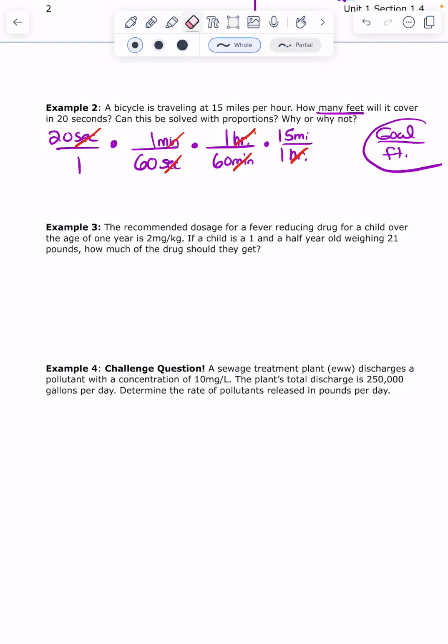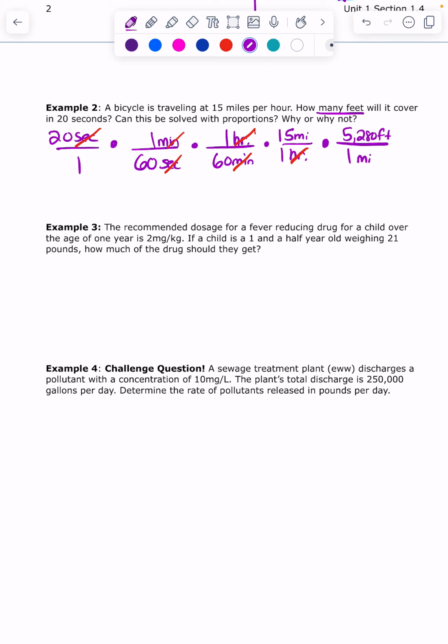So we're getting there. I'm actually going to erase my goal because it's getting in the way. But somehow I need to get from miles to feet. And there's actually a conversion in your table that gives you miles to feet. It says that 1 mile is 5,280 feet.